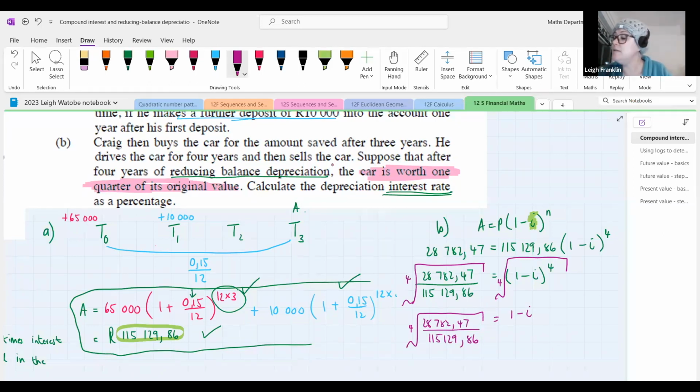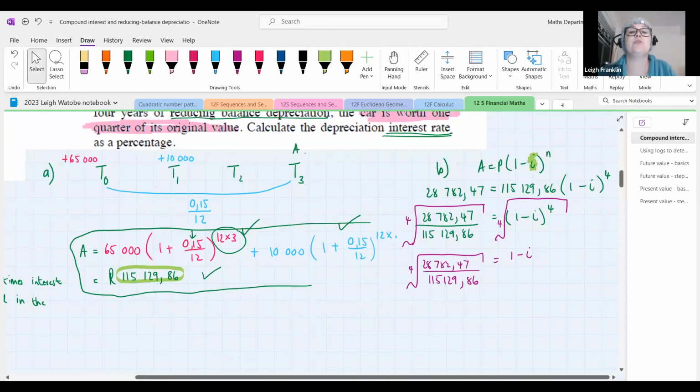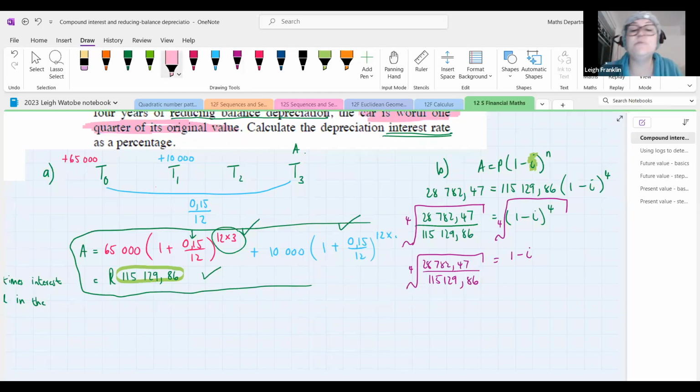The easiest thing for you to do at this step is to transpose this negative I over to the left, and what's on the left, bring it over to the right. In other words, you are going to end up with I on the left, and on the right, you've got 1 minus your root.